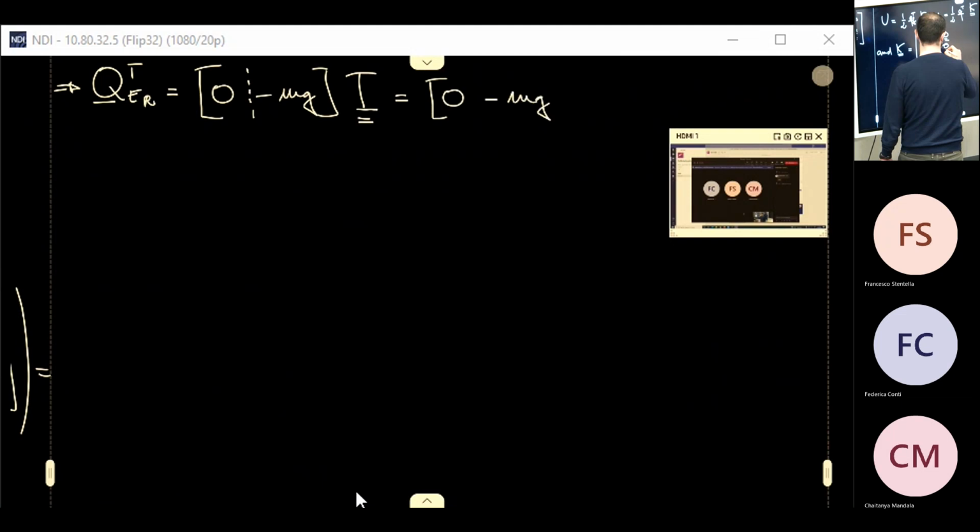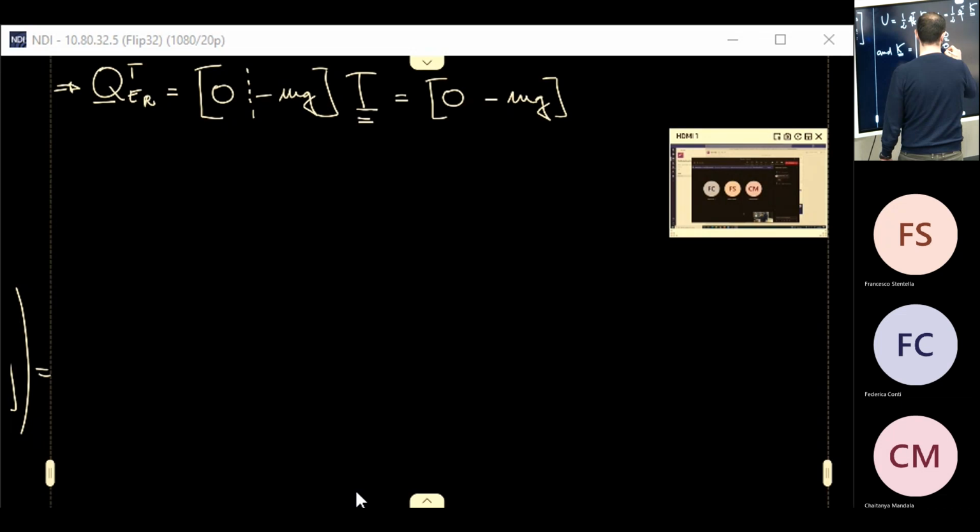So let's see. QER transposed is therefore 0 minus mg applied over I. And this is, of course, 0 minus mg. Okay. It makes no surprise that the generalized external force vector has exactly the same shape of the weight vector. Why?